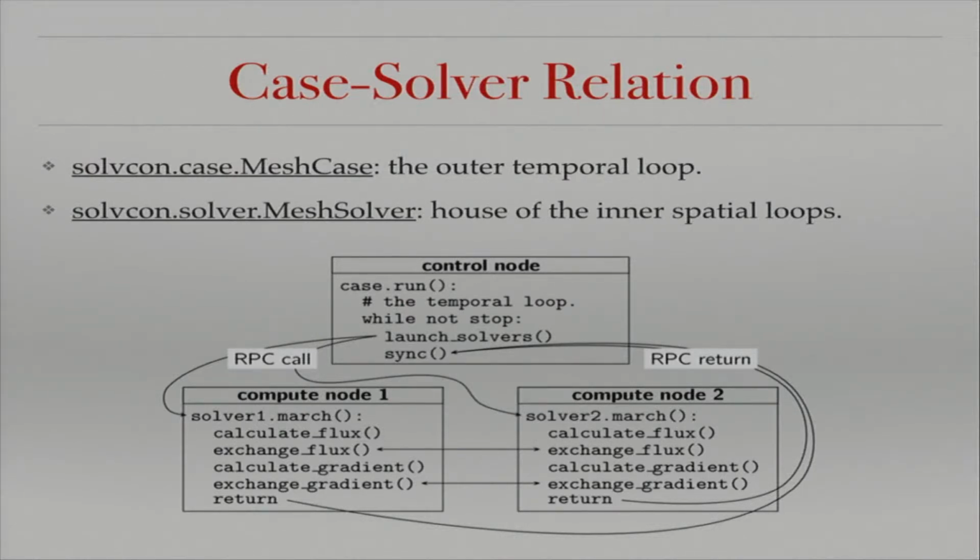We can just have a head node operating on the temporal loop and commanding the solver, which houses the spatial loop. And if you have experience, you know there's a bottleneck here. But that's a general structure that even if you want to remove the bottleneck over here, we still need some structure like this.